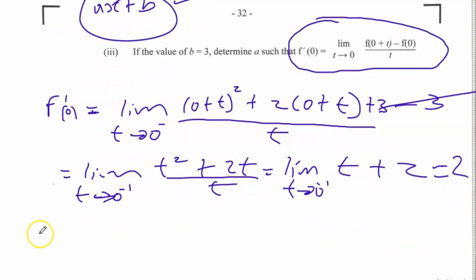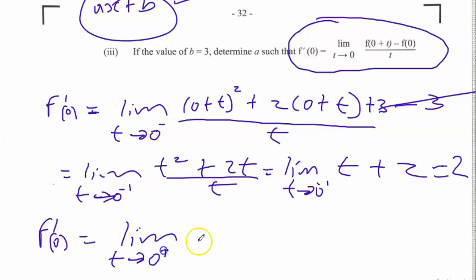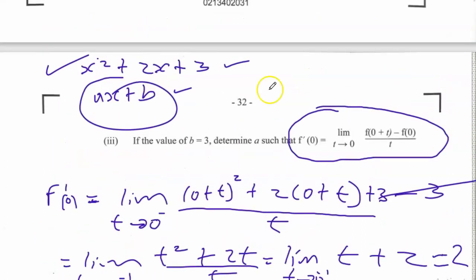Alright, so f prime 0 is also the limit, and we're doing the right hand limit this time. So we're replacing again, in this function, x with 0 plus t.